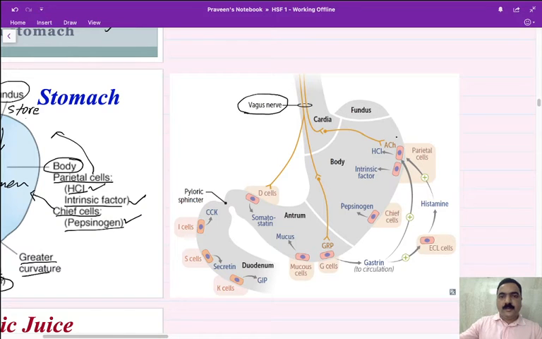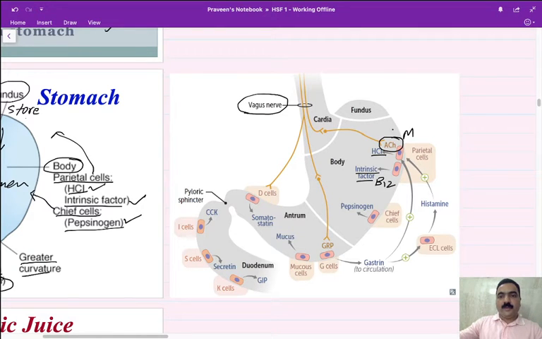It secretes acetylcholine, acting through the muscarinic receptor, especially on the parietal cells, and causes the secretion of HCl and of the intrinsic factor, which is essential for the absorption of vitamin B12.